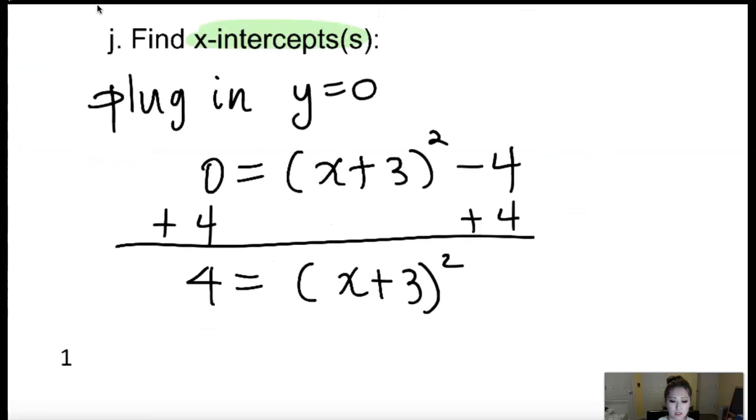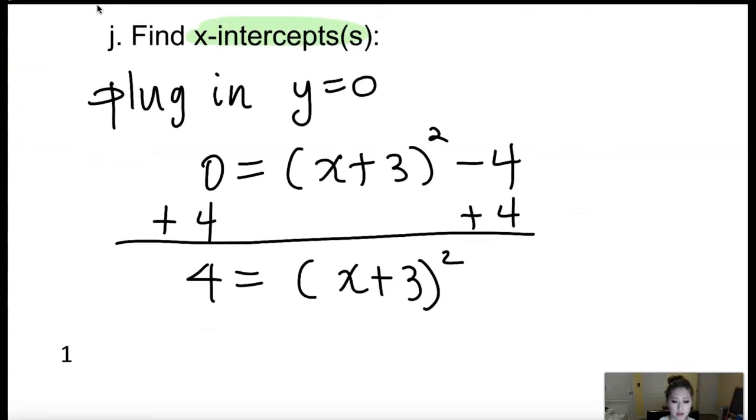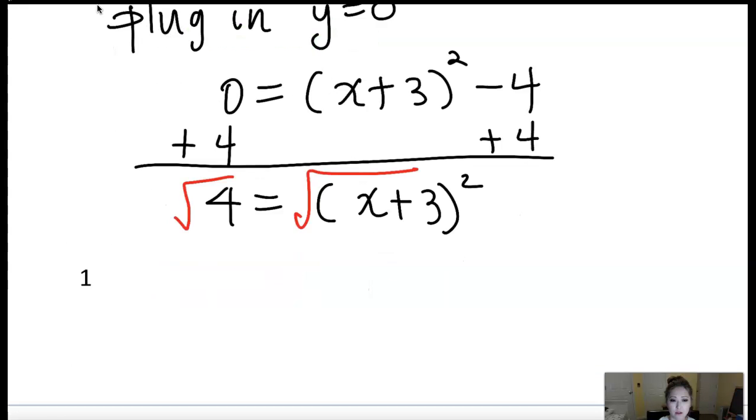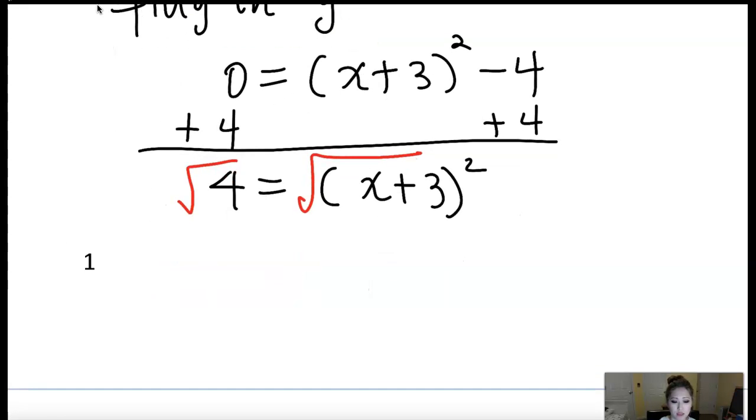Let me zoom in. To get rid of the squaring, we're going to take the square root of both sides. But because square rooting is even, you're going to have to put plus or minus in front of it. The square root of 4 is 2, so we have plus or minus 2 on the left side. If you take the square root, squaring cancels out, leaving us with just x plus 3.